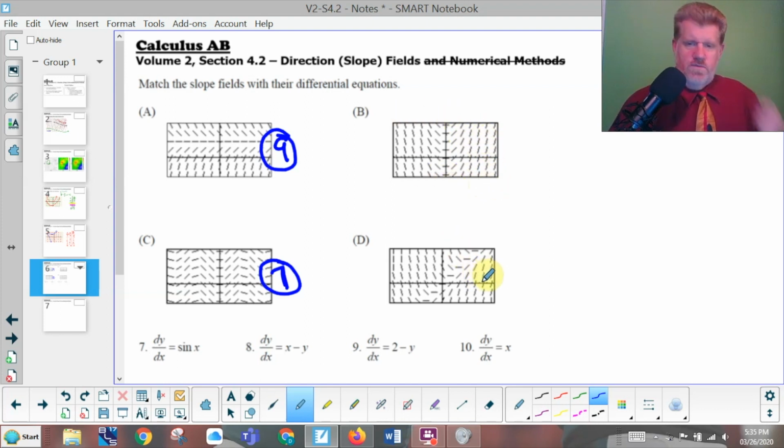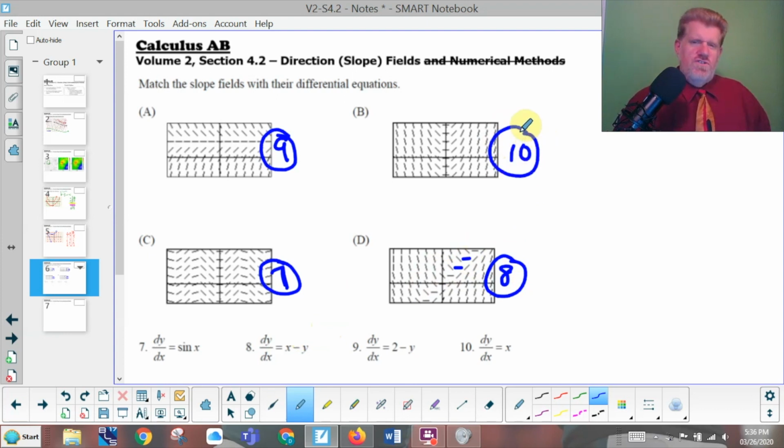And notice here, like the one we had done previously, we had that slant to it. Well, because x's and y's are being subtracted. So we know that 0 minus 0 is 0, and 1 minus 1 is 0. 2 minus 2 is 0. 3 minus 3 is 0. So this is number 8, and this is number 10.